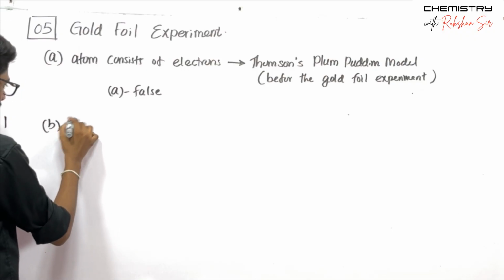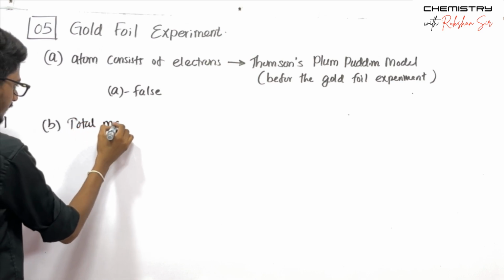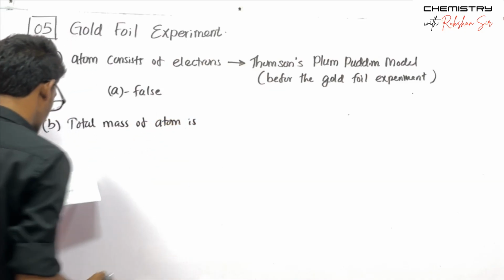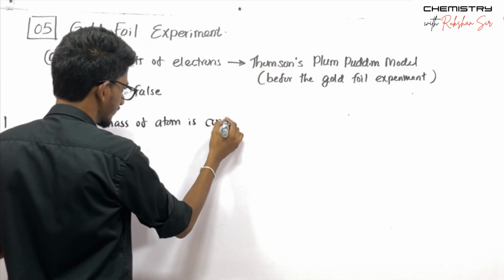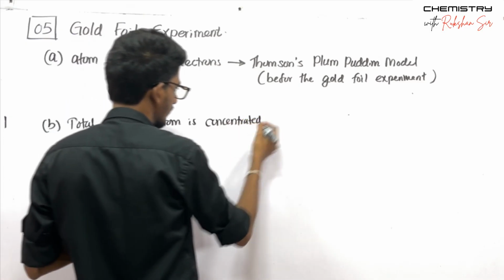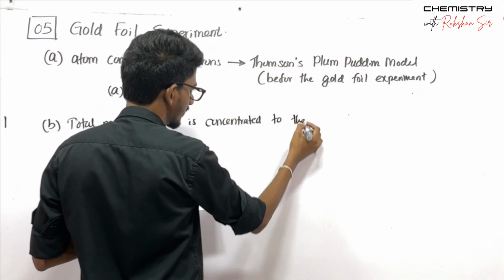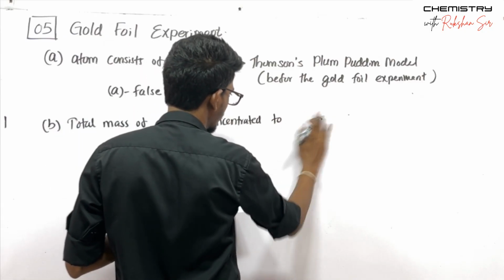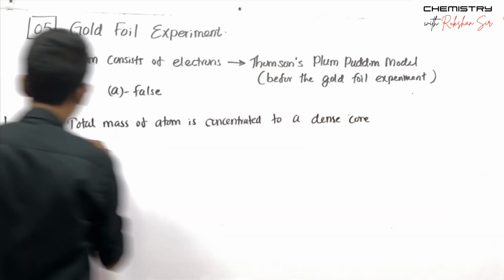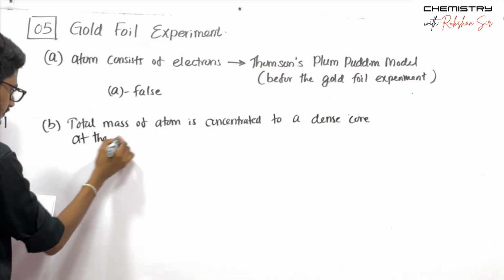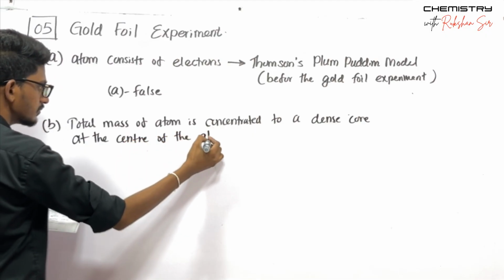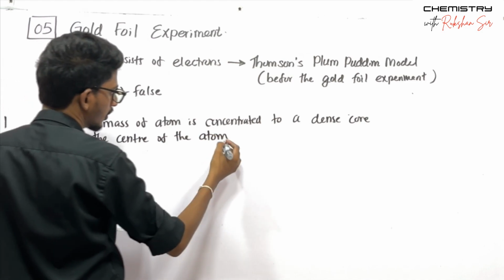So the total mass of the atom is concentrated in a dense core at the center of the atom. It is called the nucleus.